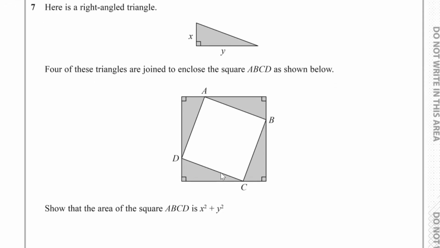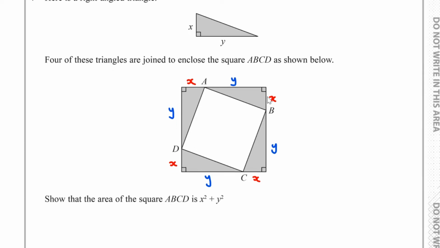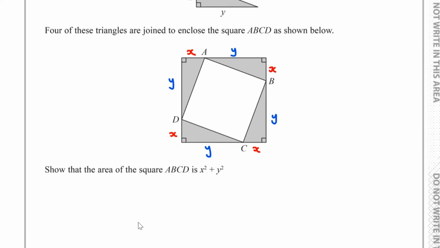So, if we have a length of x here, so every little length here is x, and we have a length of y here, then the area of a triangle, let's just write this down, that will equal 1/2 times the base, which can be x or y, so let's just write x here, multiplied by the height y.